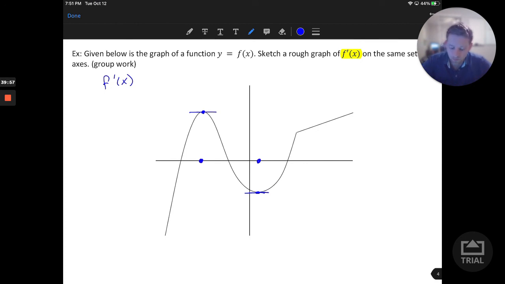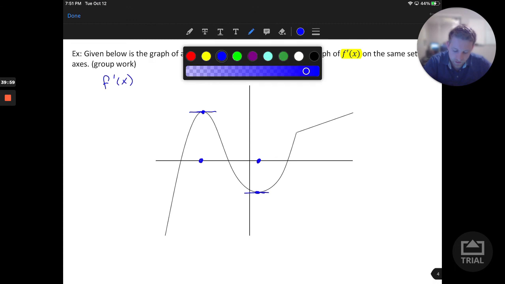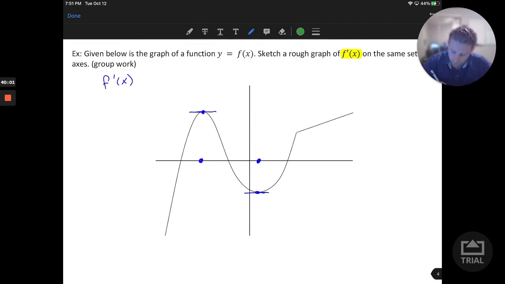A couple other things I can notice here is that we have an increasing part of our function. I'll do this in green, so we'll do green for increasing at really two parts of my function. So those two parts are increasing.